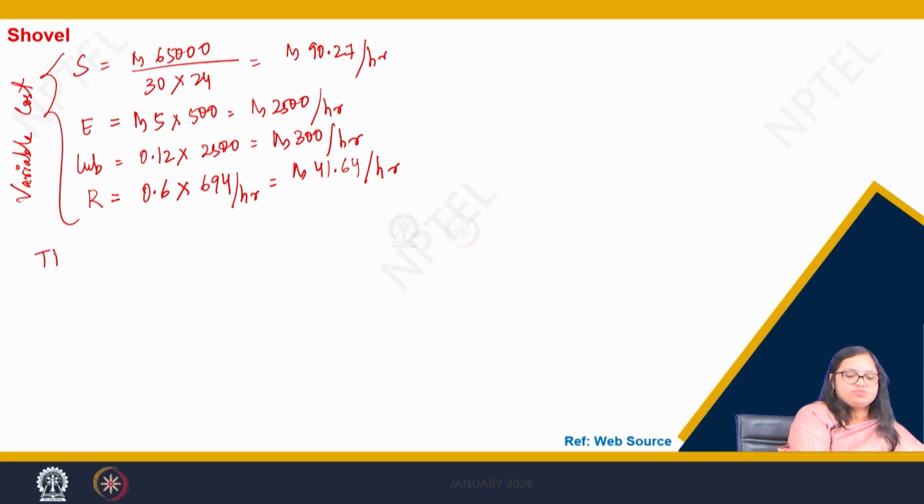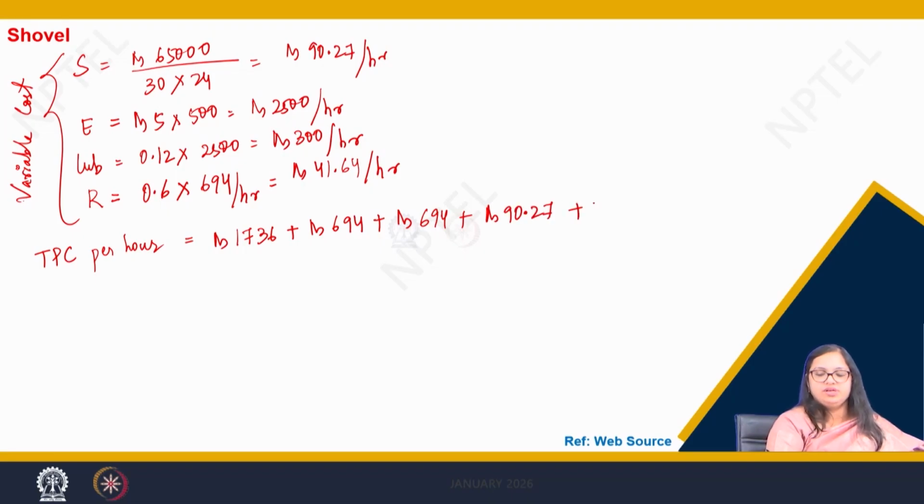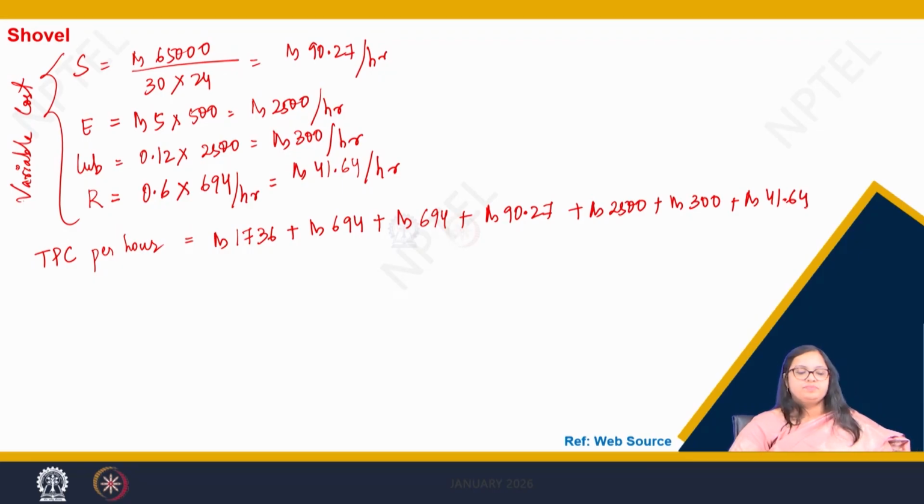So, my total production cost per hour will be equal to EHI, which is rupees 1736, plus my depreciation cost is 694, plus my insurance cost is 694 again, plus salary cost is rupees 90.27, plus the energy cost is rupees 2500, plus the lubrication cost is rupees 300, plus rupees 41.64 for the repair cost.